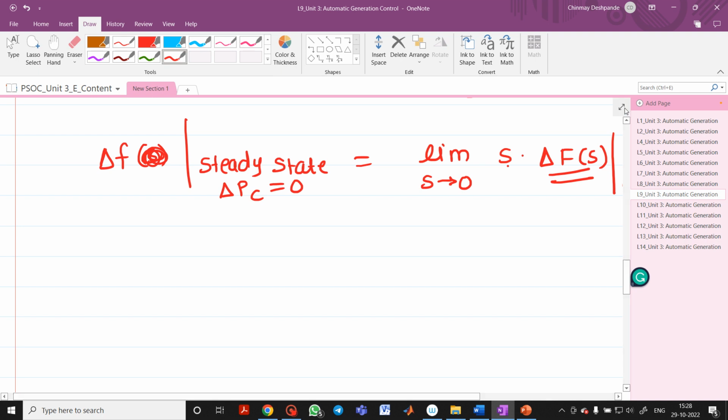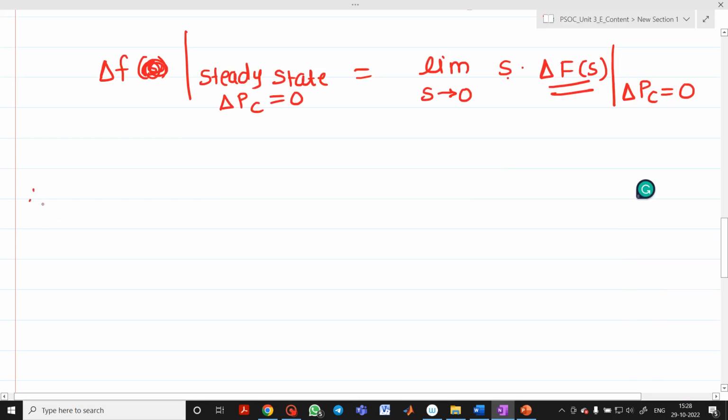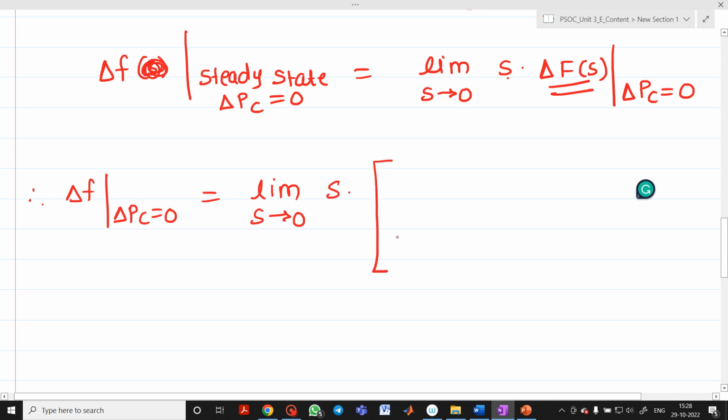So I will write it like this here. Therefore, delta f when delta pc equal to 0, what is this expression? Limit s tends to 0, s into minus kps.